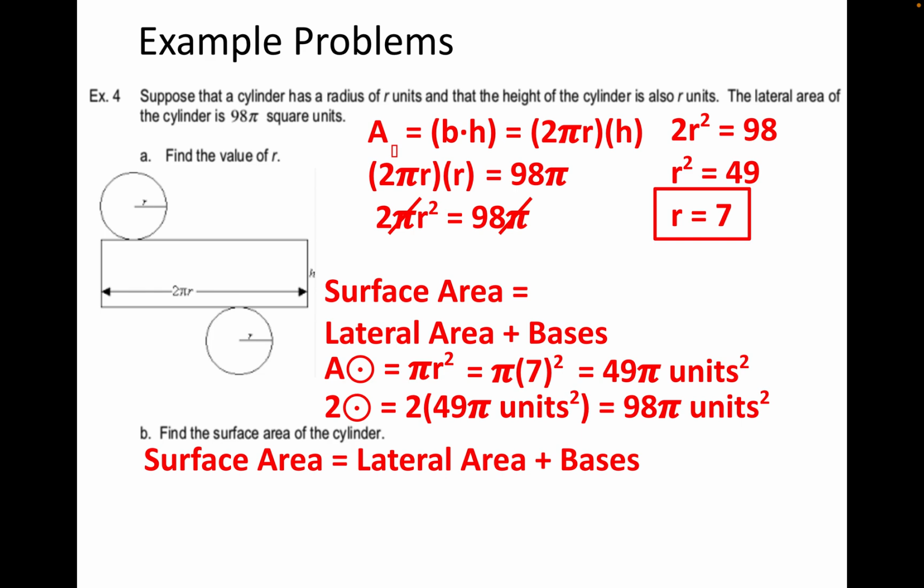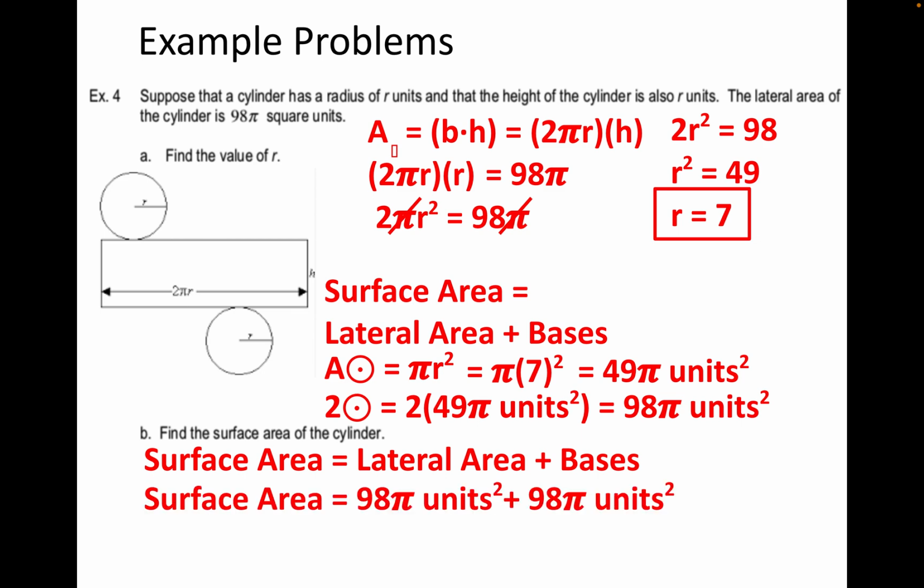The surface area equals the lateral area plus the bases, and the lateral area was 98 pi, and we just figured out the bases are 98 pi. If I add up 98 pi square units plus another 98 pi square units, I get that the answer is 196 pi square units.